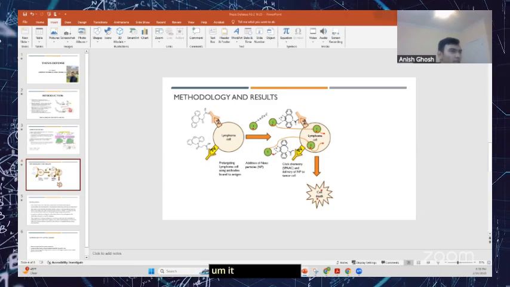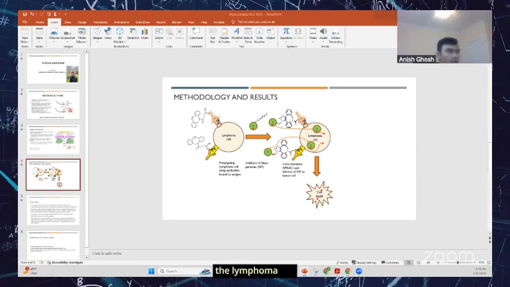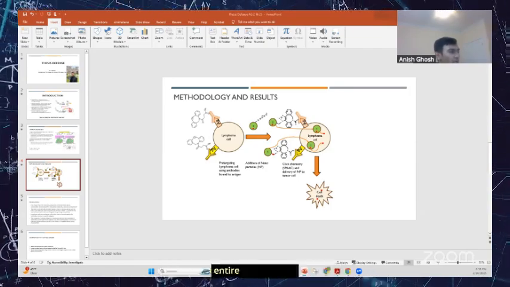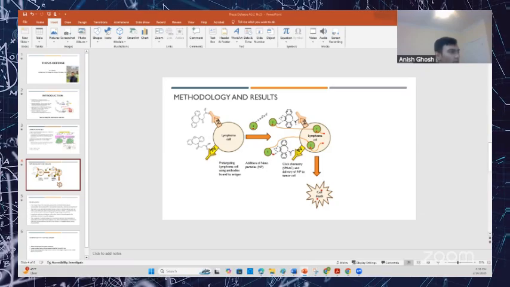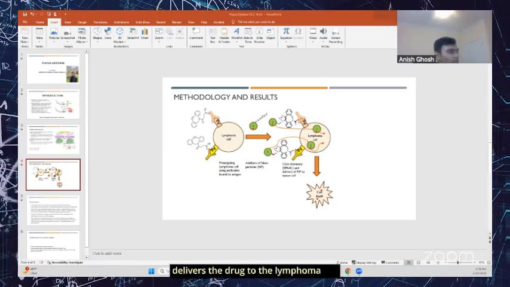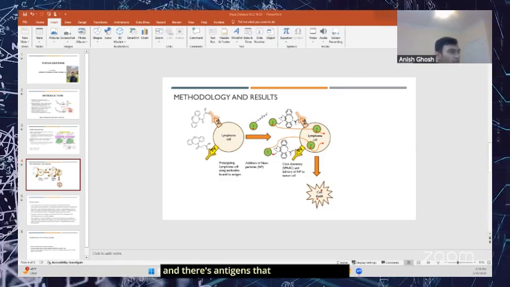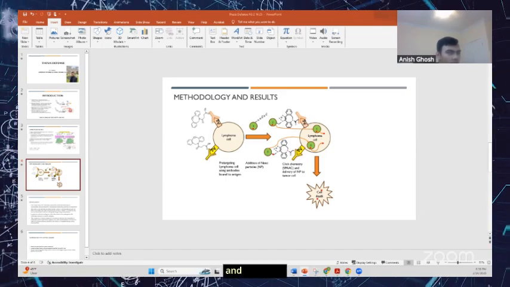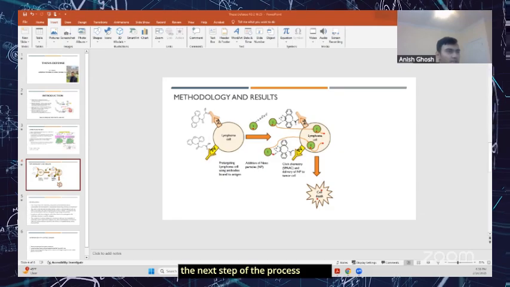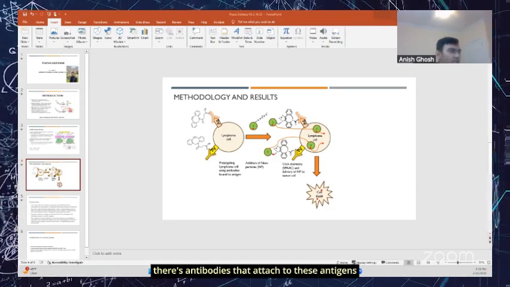It starts with the lymphoma cell, and this is a process of how the entire nanoparticle delivers the drug to the lymphoma cell. So it starts with the lymphoma cell, and there are antigens attached to it. The next step of the process is that antibodies attach to these antigens.